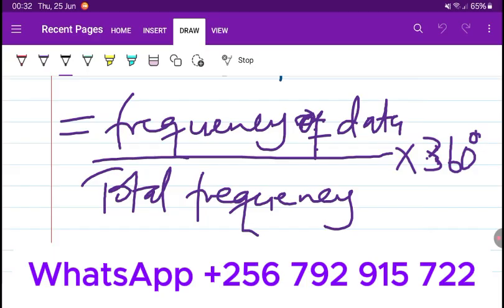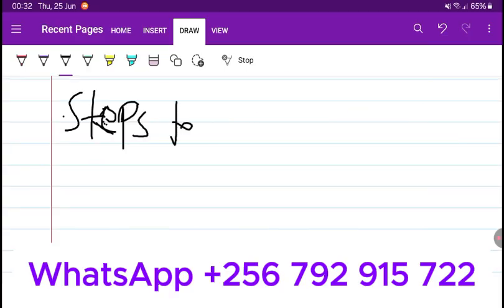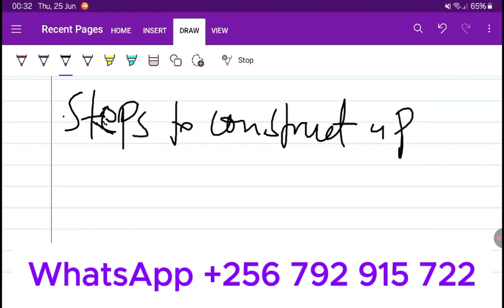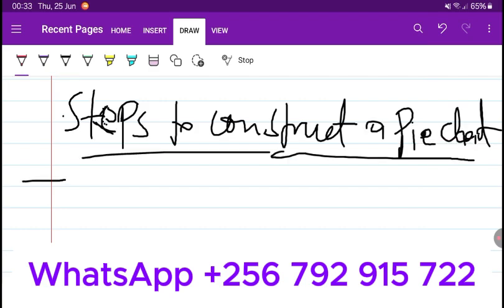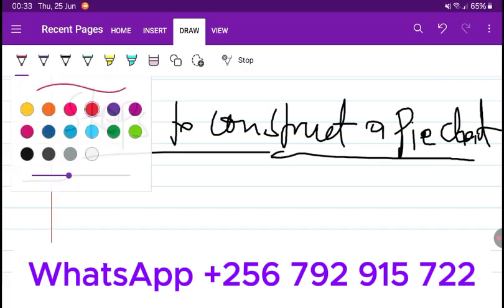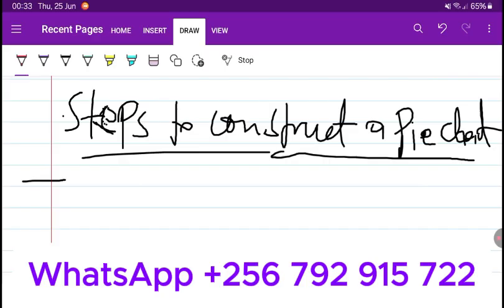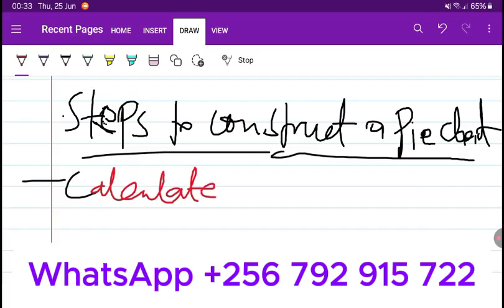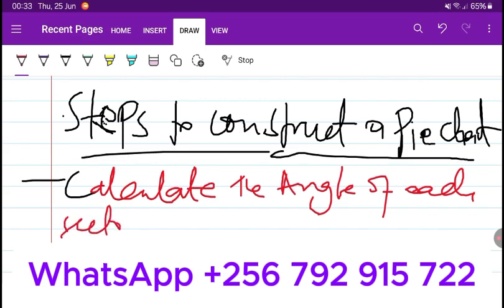The first step is to calculate the angle of each sector using the formula that we have identified above.